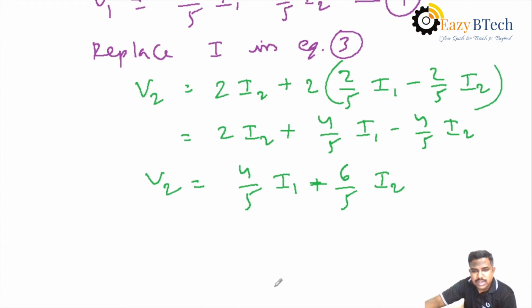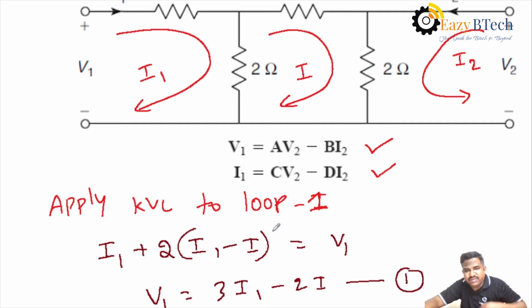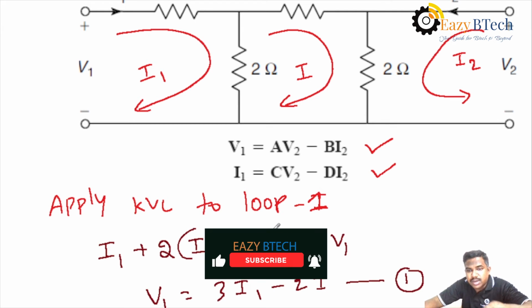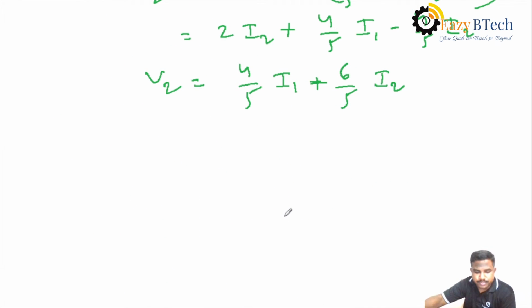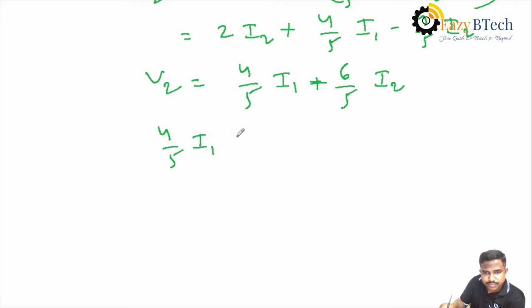Then observe the standard equation, that is the second equation, I1 equal to C into V2 minus D into I2. That means you have to find the equation of I1 in terms of V2 and I2. That's why in this equation we have to find the value of I1, that is 4 by 5 I1 equal to V2 minus 6 by 5 I2.